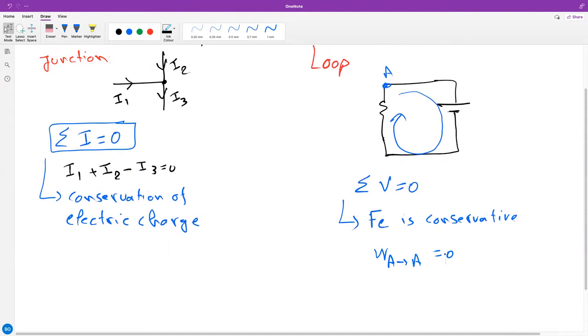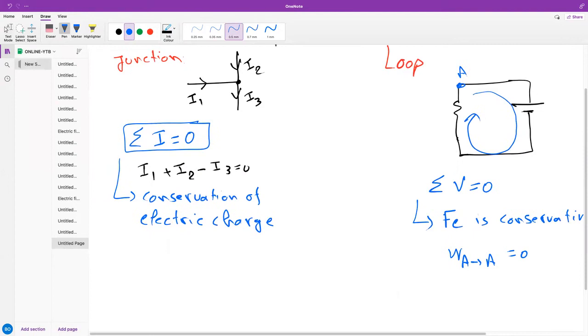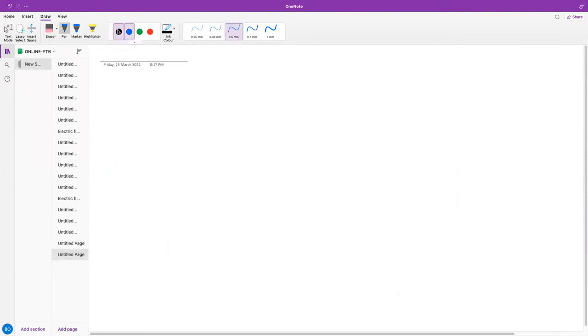Okay, so let's go to another convention that we will use in the circuit. Here we will define some conventions that we will use when building a circuit or when calculating the current and applying Kirchhoff's law.